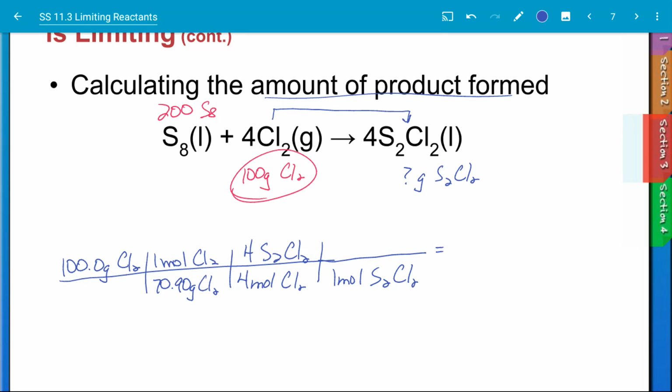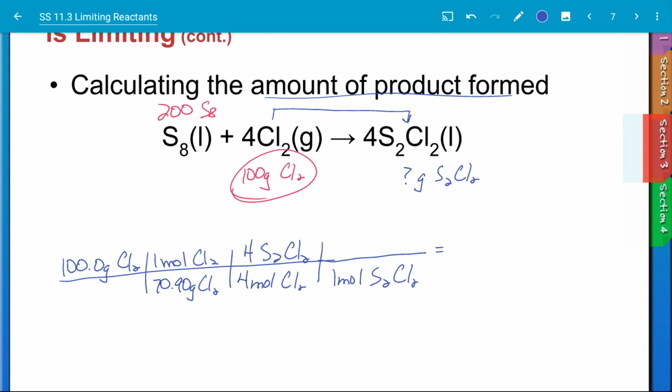So let's see, 2 chlorine is 70.90 plus sulfur is 32.06, and I have 2 of them. I messed it up.